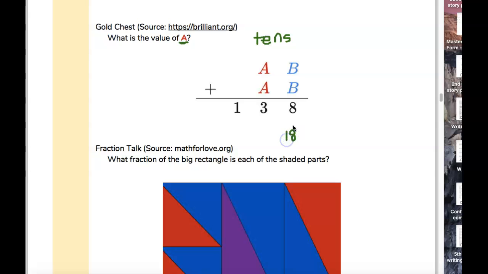What would these two have to be, the same number, to get 18? Then you're going to put down your 8 and carry your 1. So what would the A's have to be? And then you add 1 to it and you get 3. And then you would carry that 1, and then 0 plus 1 is 1. So look at it that way, see how you do.